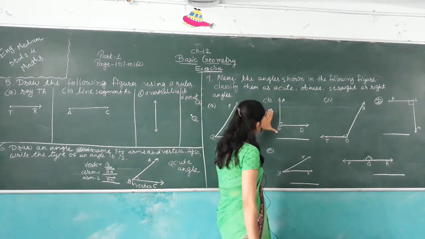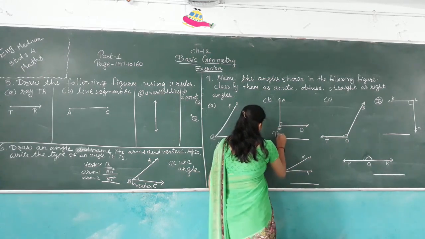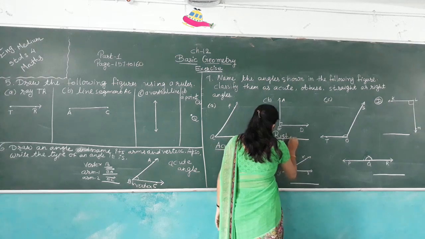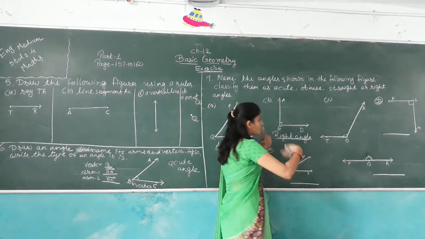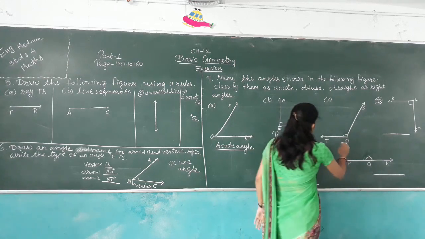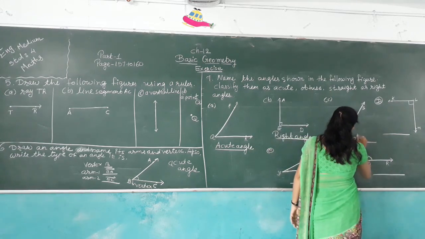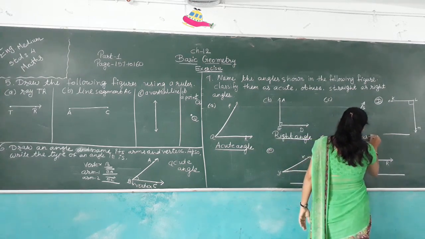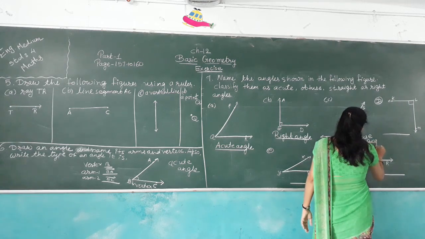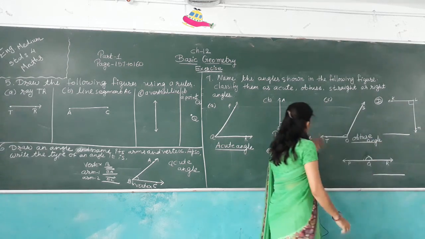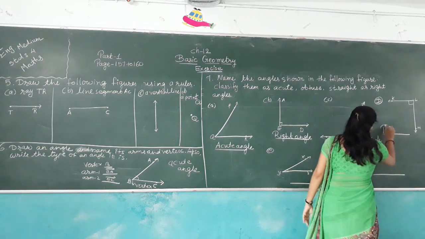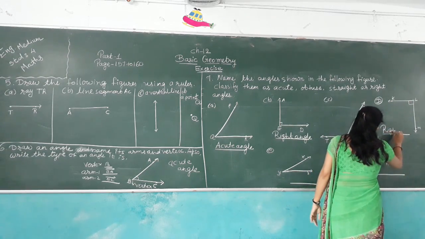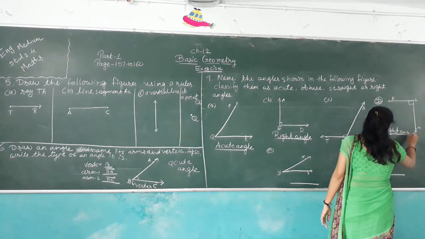Here this angle is called a right angle. This angle is more than a right angle, so it is called an obtuse angle. This angle is a right angle.